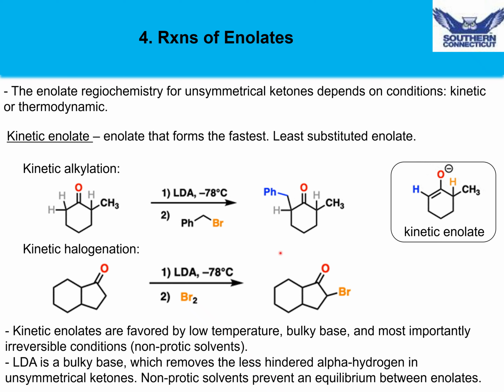Doing it at low temperatures also enhances the percentage of the kinetic intermediate and also the kinetic product. And also the fact that we're using a bulky base like LDA here also helps form the kinetic enolate and eventually the kinetic product.